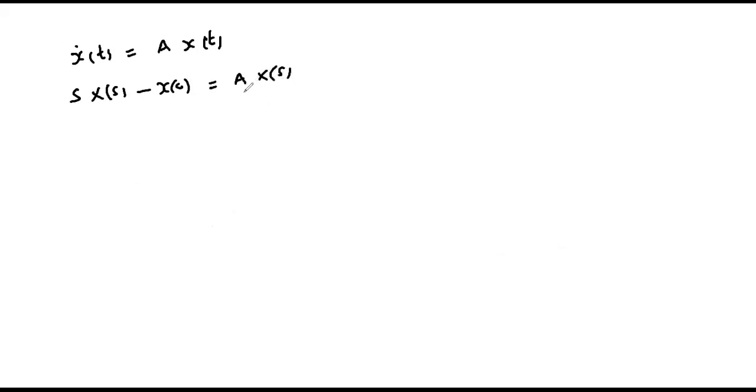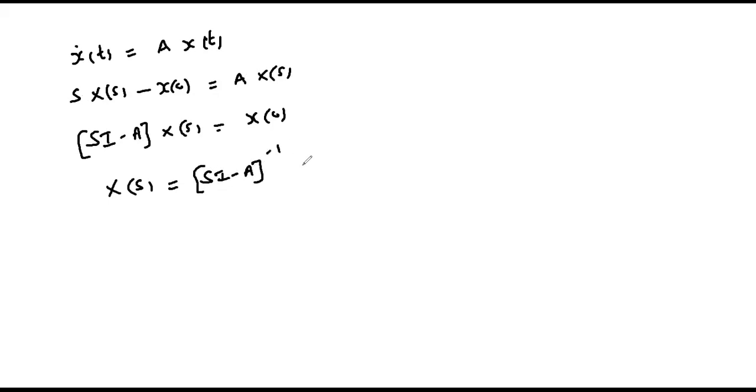Again, if we collect the like terms together, because A is a matrix, we multiply s with an identity matrix of the same order as A to obtain (sI minus A) x of s equals x of 0, from which we get our x of s to be equal to (sI minus A) inverse multiplied by x of 0.